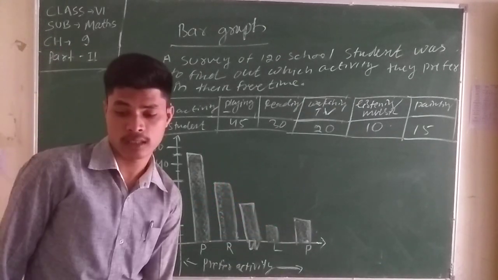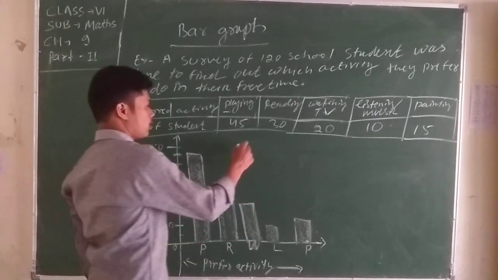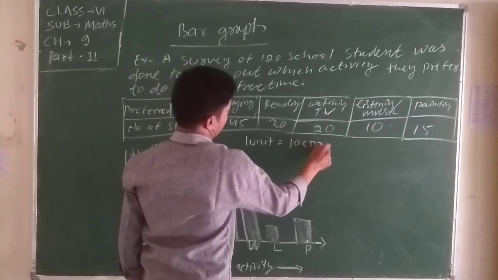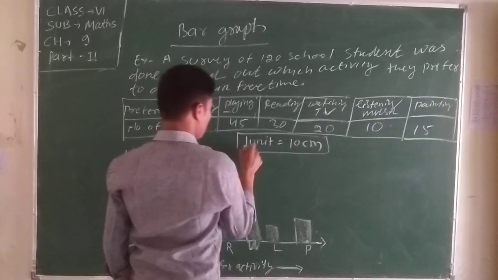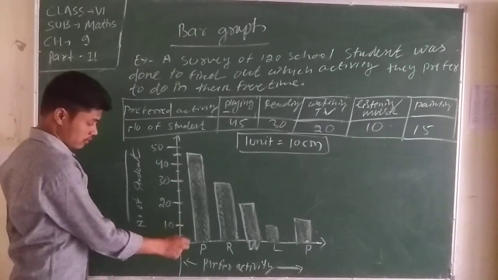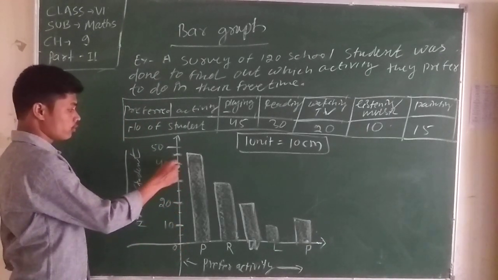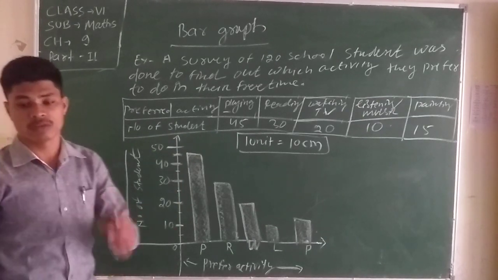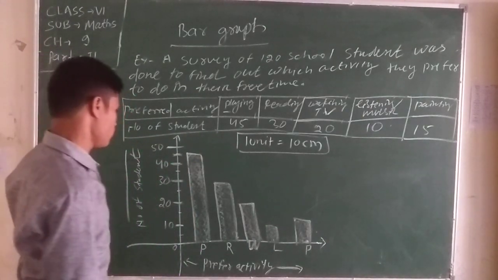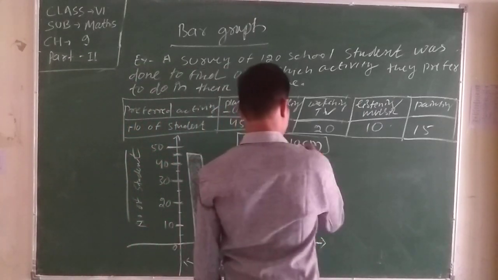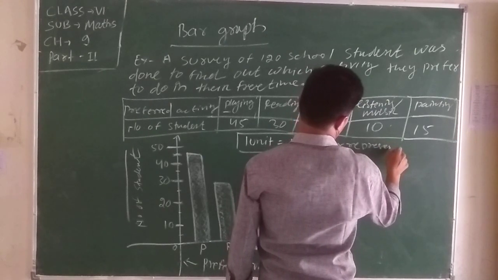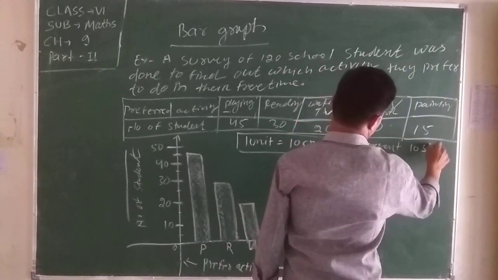What do we take here? We take 1 unit equal to 10. 1 unit equal to 10 cm. See, 1 unit: 10, 20, 30, 40, 50. That means we take 1 unit equal to 10, and 1 line represents 5 students, or 10 cm represents 10 students.